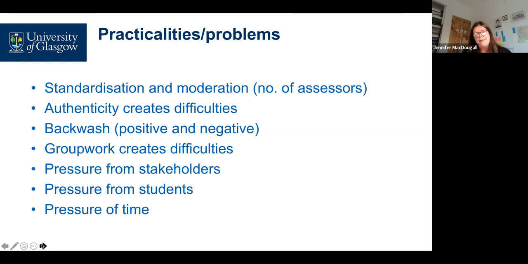I mentioned practicalities before, and I've mentioned a few of these in the last few minutes, but in terms of standardizing our marking and moderating our marking, this is very complex, because within the course we have around 10 to 12 teachers assessing the students.